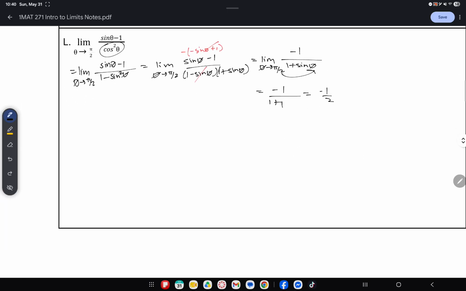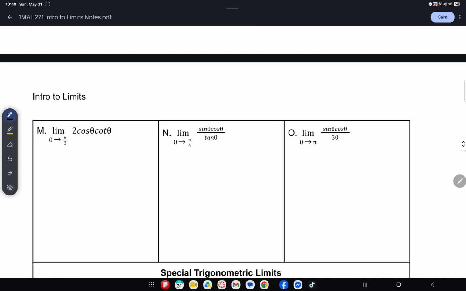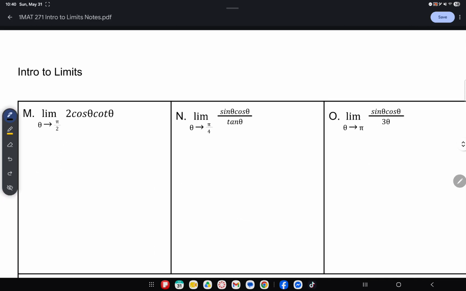Okay, let's do some more trig here. Off the top of my head, I don't know what cotangent of pi over 2 is. So what if I rewrite cotangent? Because tangent is sine over cosine, right?